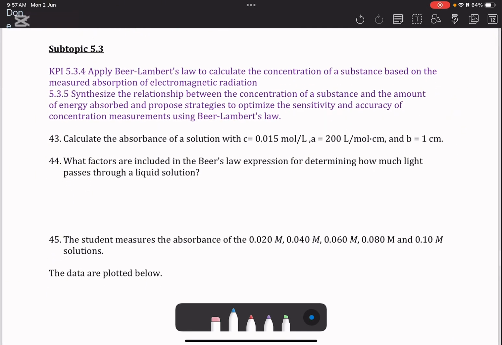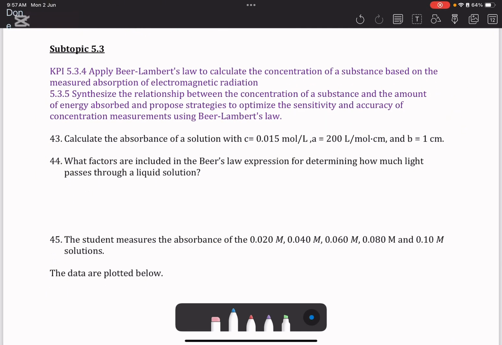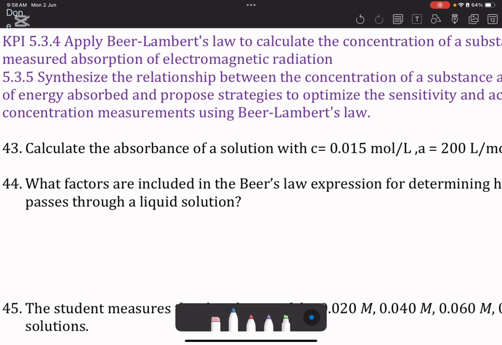Moving on with the questions. Calculate the absorbance of a solution with concentration, absorptivity, A, and B, the size of the cuvette. In your formula sheet, there's a formula written about Beer's law, and it's on the first page, in the section of gases, liquids, and solutions.